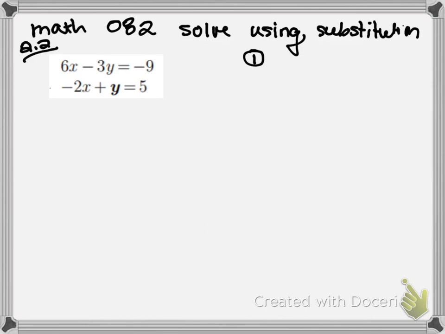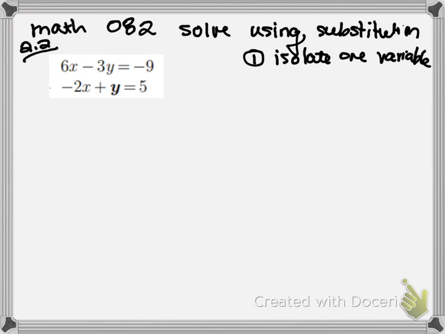So, if we had to use substitution, if somebody just made us use that method to solve the system of equations, the very first thing you have to do, if it's not already done for you, is that you have to isolate one variable, and it can be either x or y, but we're going to have to solve for one or the other.